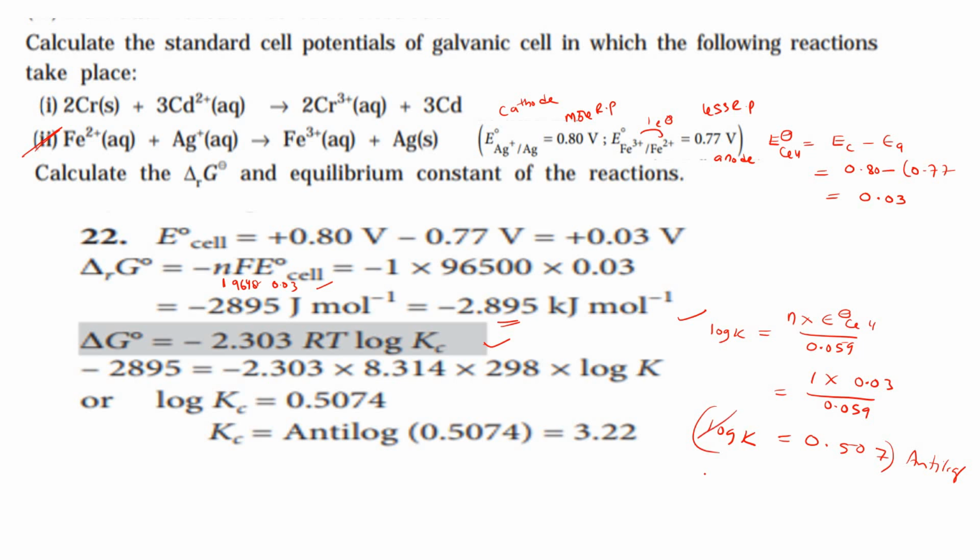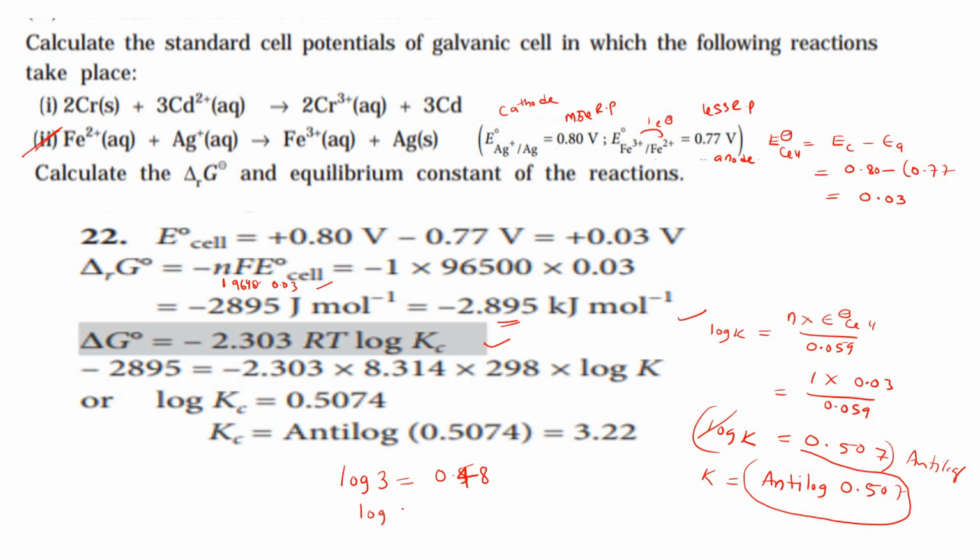Now the log will be cancelled. K equals antilog of 0.507. To calculate the antilog of 0.507, roughly take log 3, which is about 0.48.